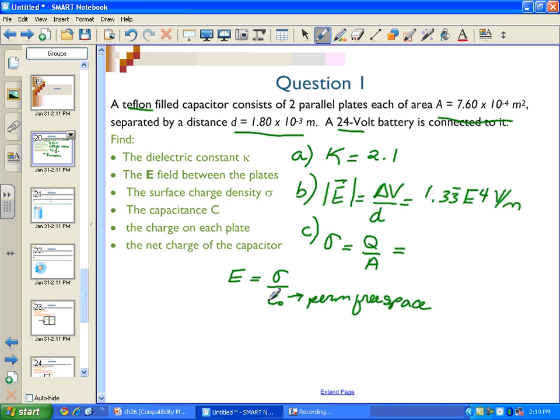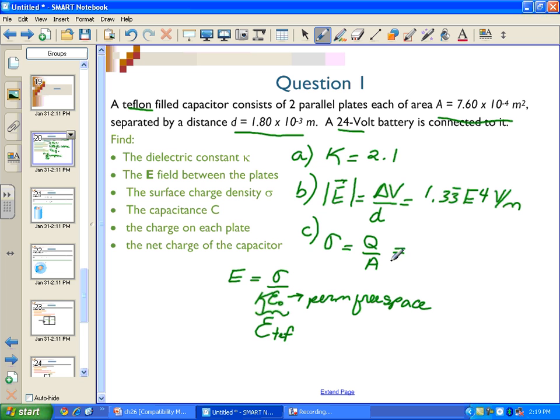In fact, to make it so, we have to multiply the permittivity of free space by the kappa for Teflon. And that combination, that product, is what gives us the permittivity of Teflon.